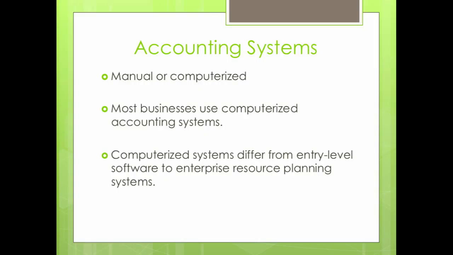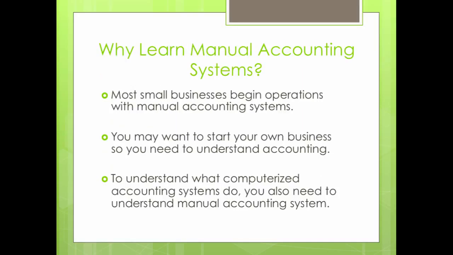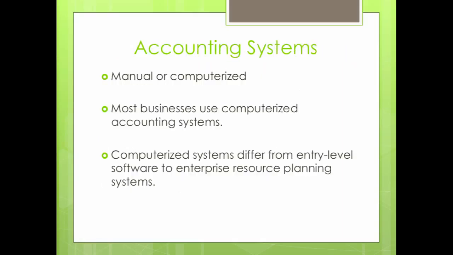The advantages of a computerized accounting system is that it eliminates many errors that can occur as a result of human error, and it provides up-to-the-minute information which can result in better business decisions. Okay, so now you know that there's two accounting systems, either the manual or the computerized.